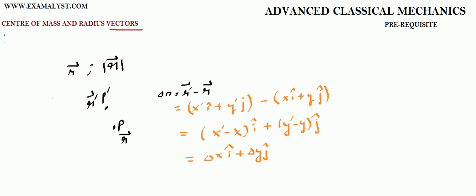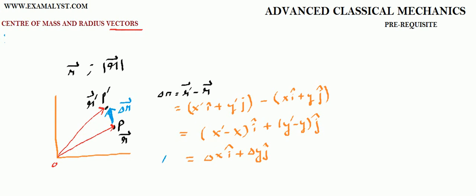So let me draw the diagram here. So you had two axes. From the origin, one distance is the r vector and another distance is the r dash vector, and this distance from p to p dash is your delta r vector.